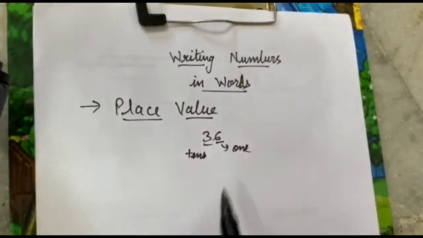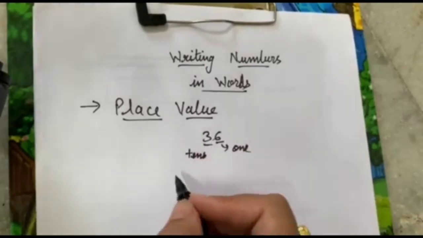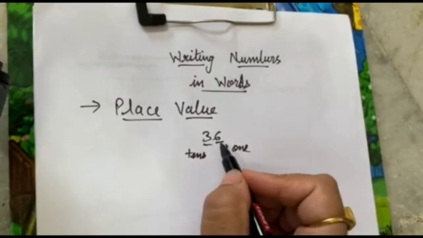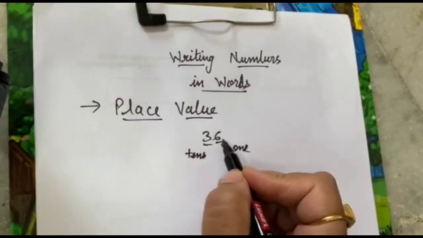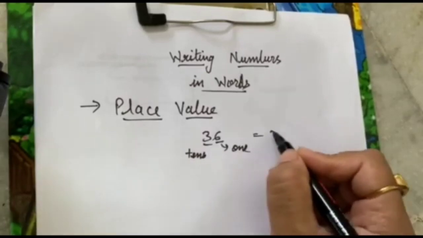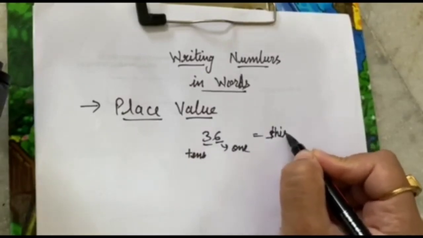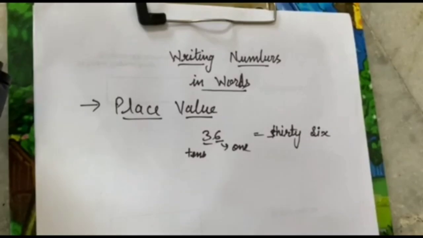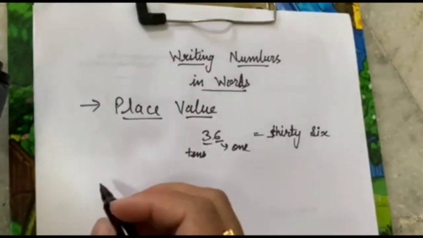Fine. So how will we write it in words? 3 tens makes 30 and 6 ones makes 6, so it will make 36.